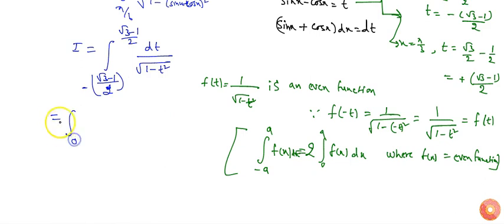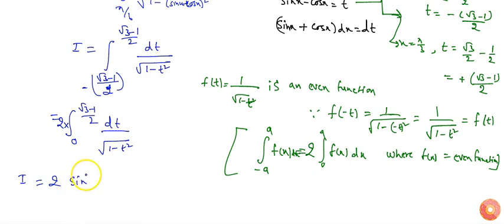So our integration will become 2 times the integral from 0 to (root 3 minus 1) by 2 of dt by root 1 minus t square, or I can say I equals 2 times sin inverse t from 0 to (root 3 minus 1) by 2.